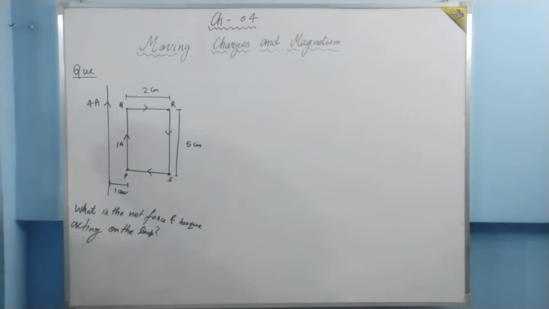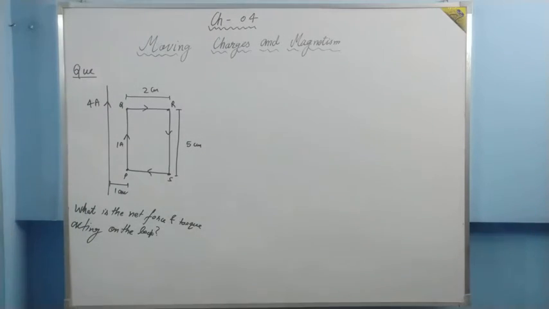Now just see, when we talk about the side PQ, the direction of current in PQ is the same as the direction of current in the straight wire. So these are two parallel wires having the same direction of current.